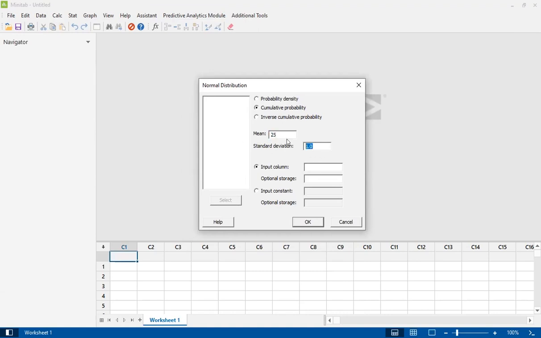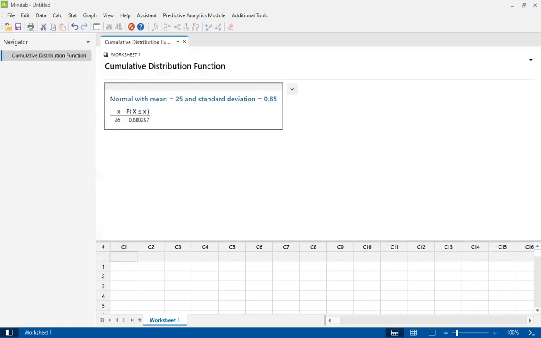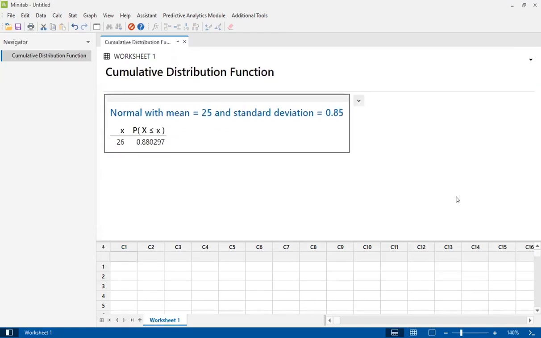The standard deviation is now 0.85. Under input constant, we're going to type in a 26. I'm going to hit OK. And our probability is 0.8802. So this is the Minitab output. So I'm writing this down on my notes. I'll come back to it later.